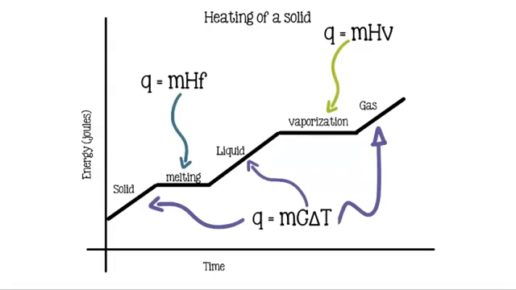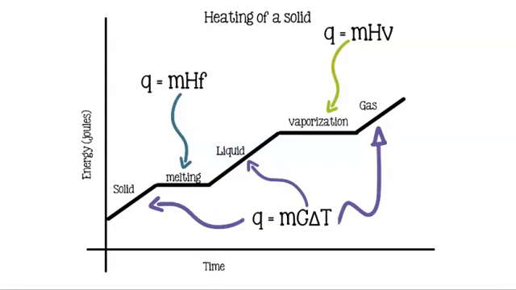However, you do need to remember your heat equations, because I might ask you to find the heat needed to change ice at negative 10 degrees Celsius to a gas at 110 degrees Celsius.